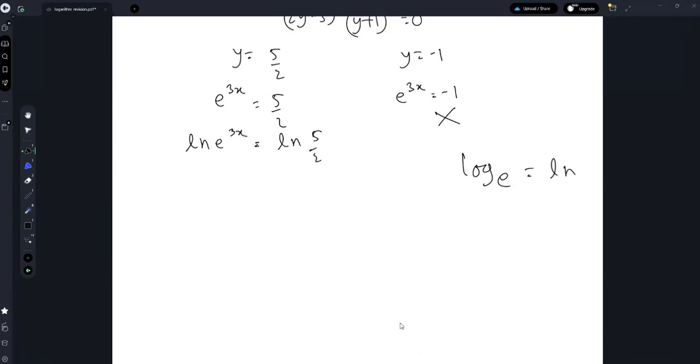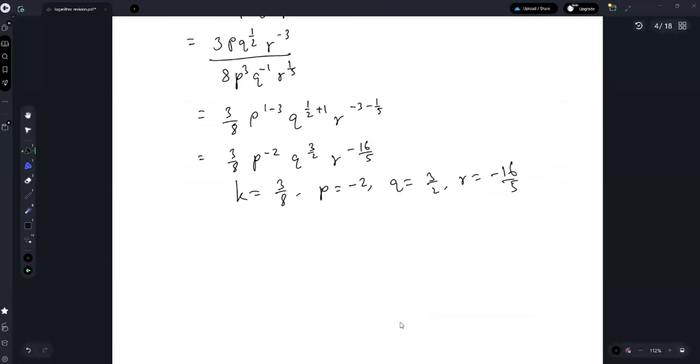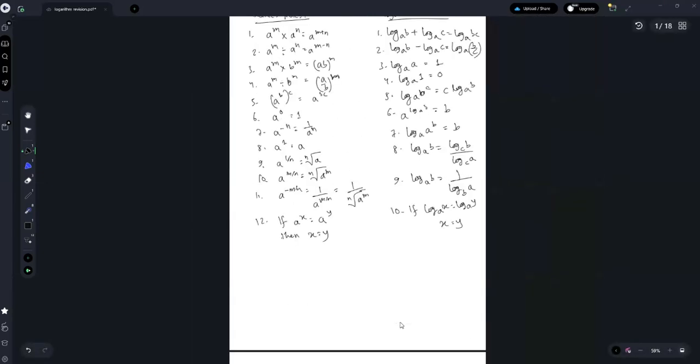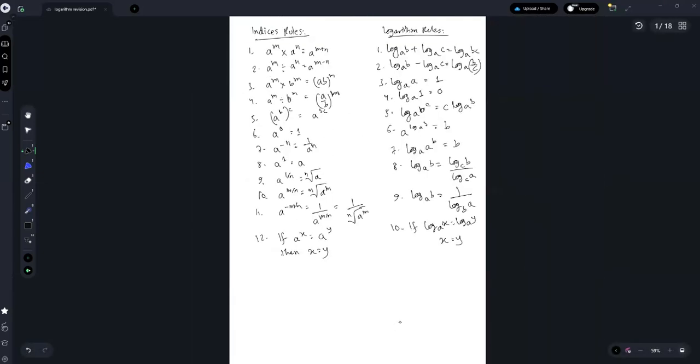And this is exactly the same reverse formula as the one that I showed you earlier, this one, where in the logarithmic expression, if the base is the same and the parts inside are the same, then x equals y. That's what I tried to show here.